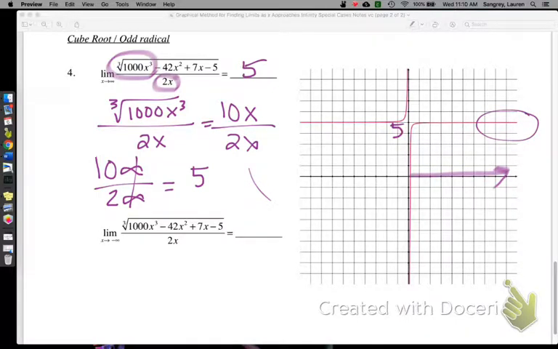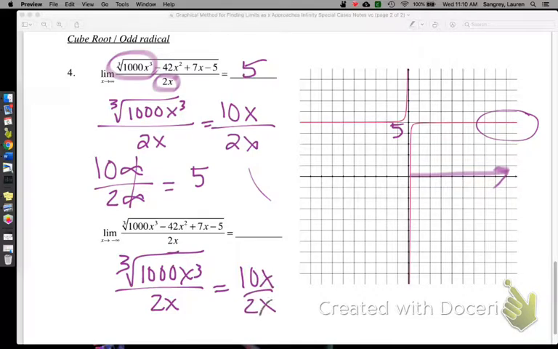Now, what if we were going to negative infinity? We still have those same leading coefficients. The problem didn't change. So we have our 10x over 2x when we simplify, but now we're plugging in negative infinity.